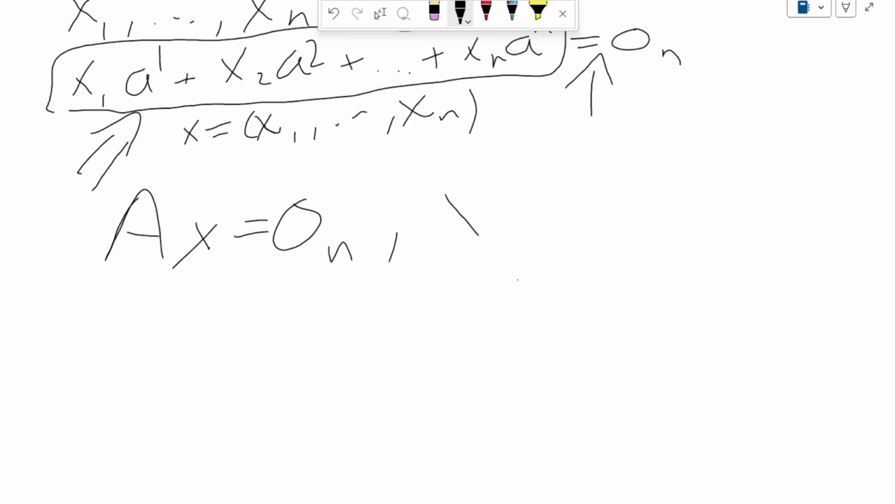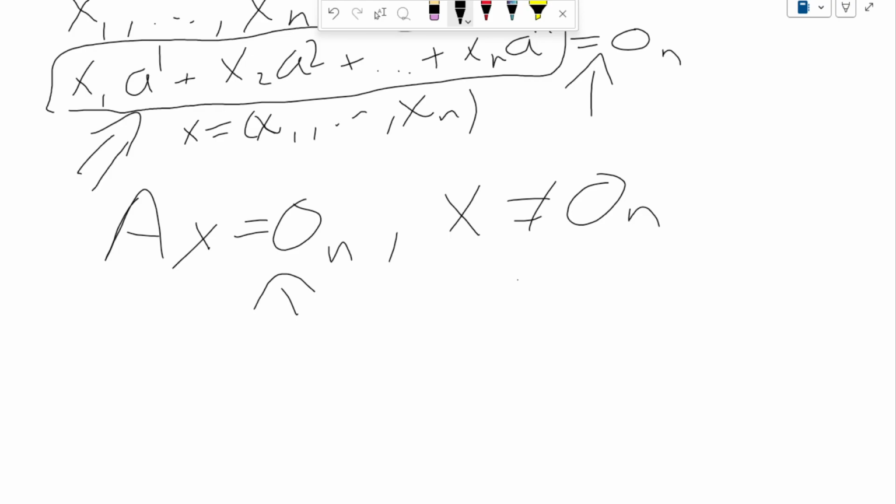And we also know that X is not 0. So what's this? That's the null space equation, right? So we've just found a non-trivial solution to the null space equation, which means that A having linearly dependent columns is equivalent to A having a non-trivial null space.